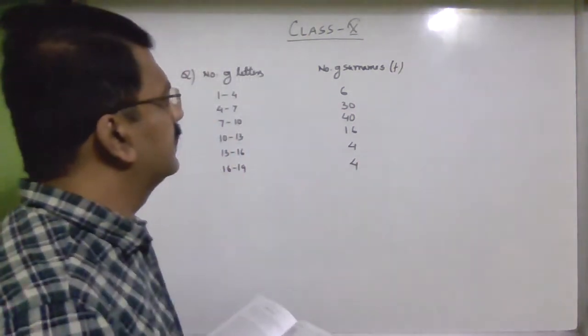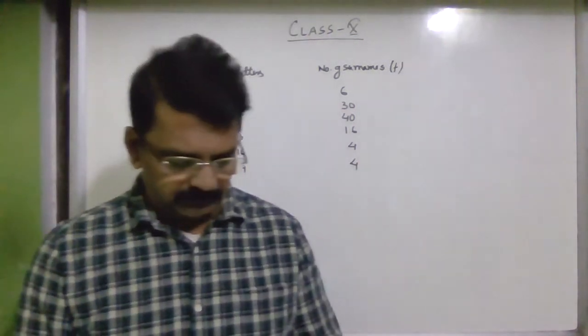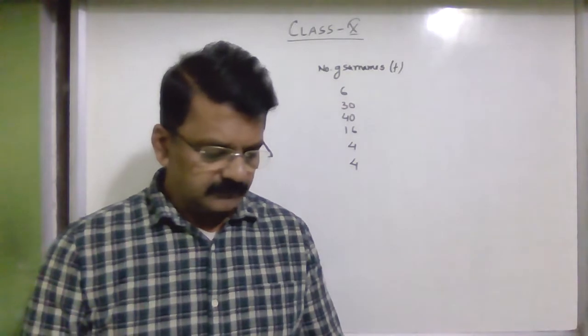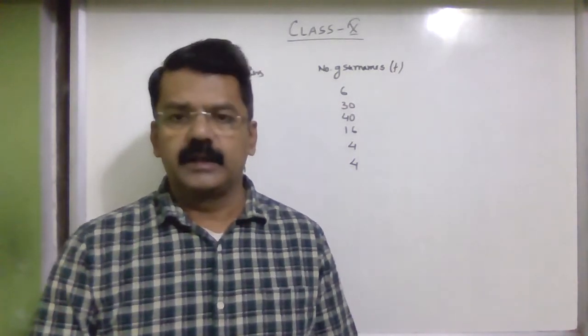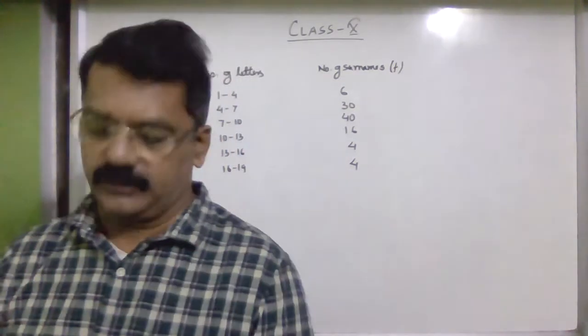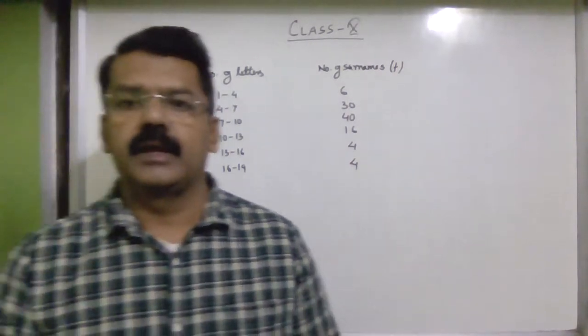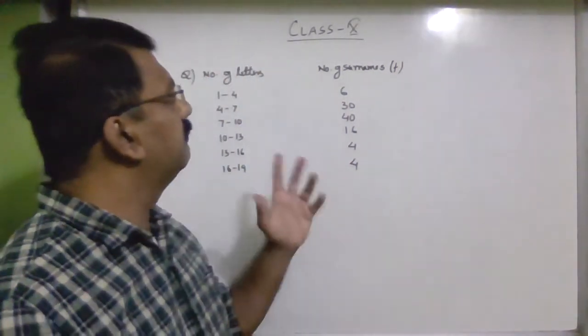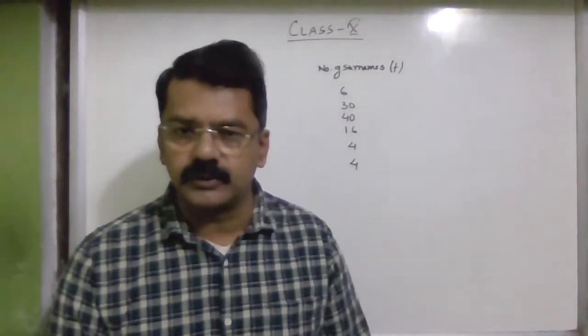Okay, that is the number of surnames, that is the frequency. Now you have to find the mean, median, and mode of this distribution.